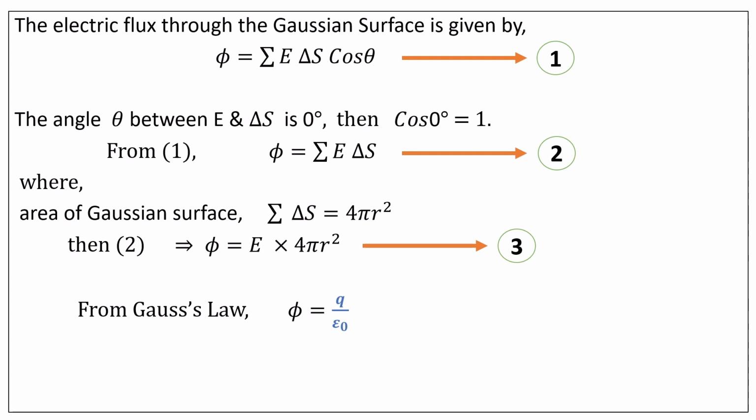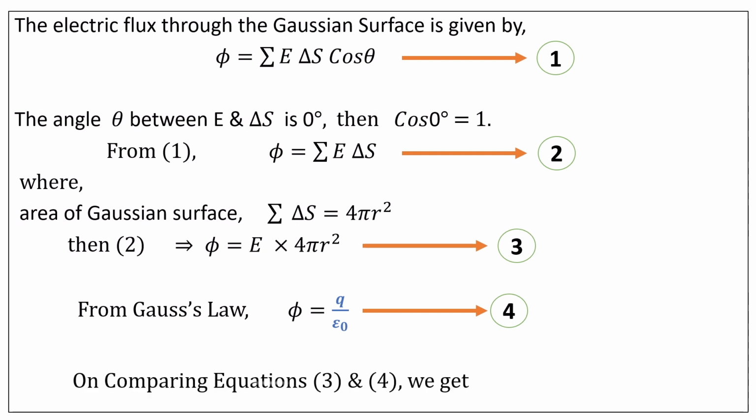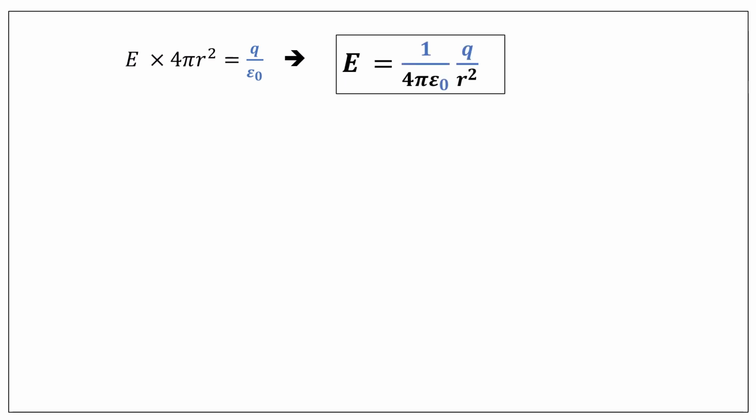Equation number 3. From Gauss's law, phi is equal to Q by epsilon naught. Equation number 4. On comparing equations 3 and 4, we get E into 4 pi r square is equal to Q by epsilon naught.